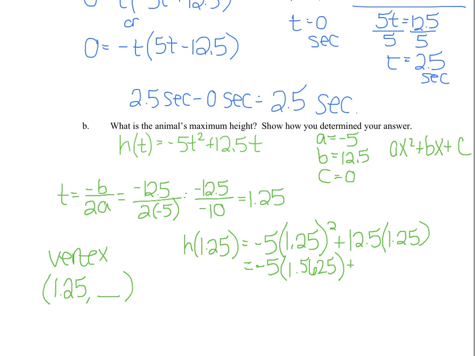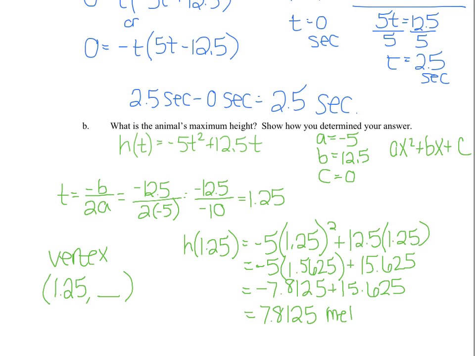And 12.5 times 1.25 is 15.625. Negative 5 times 1.5625 is negative 7.8125. And I'm going to add that to 15.625 to get my answer of 7.8125 meters.